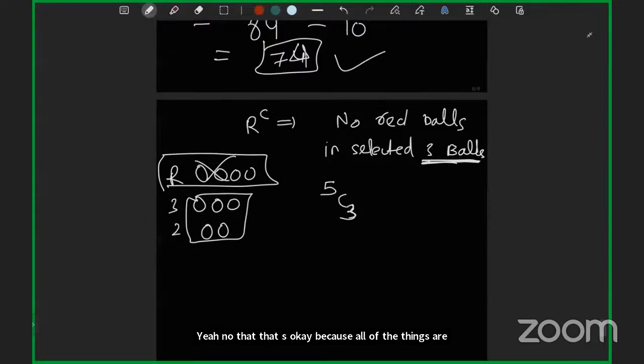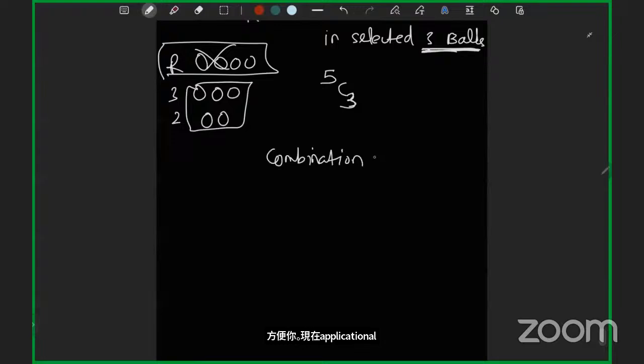That's okay, we'll take it. This is week 6, combination and application of combination. When you do application of combination, you will come across permutation as well. So there's no escape. Okay.